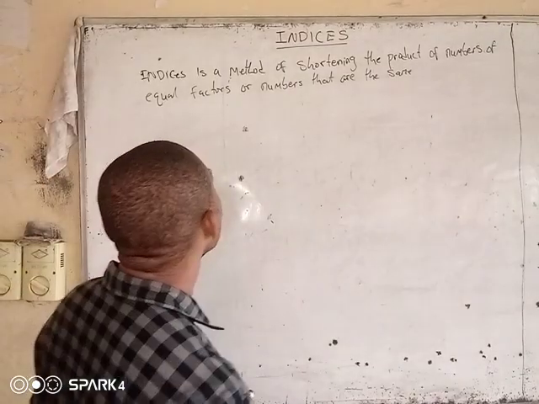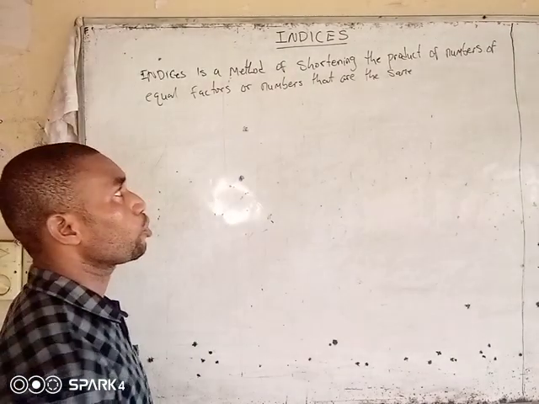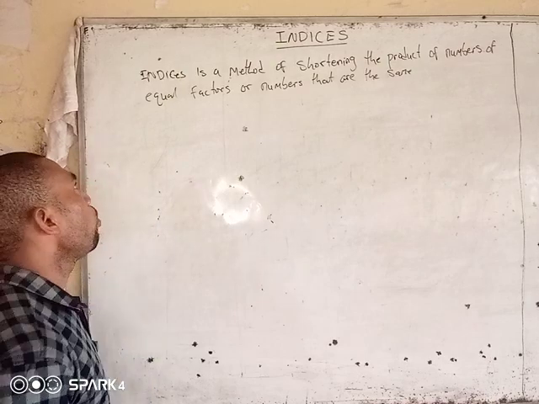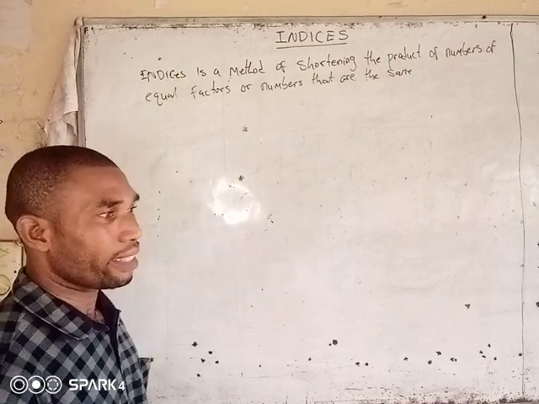So from this definition, indices is a method of shortening the product of numbers of equal factors or numbers that are the same.